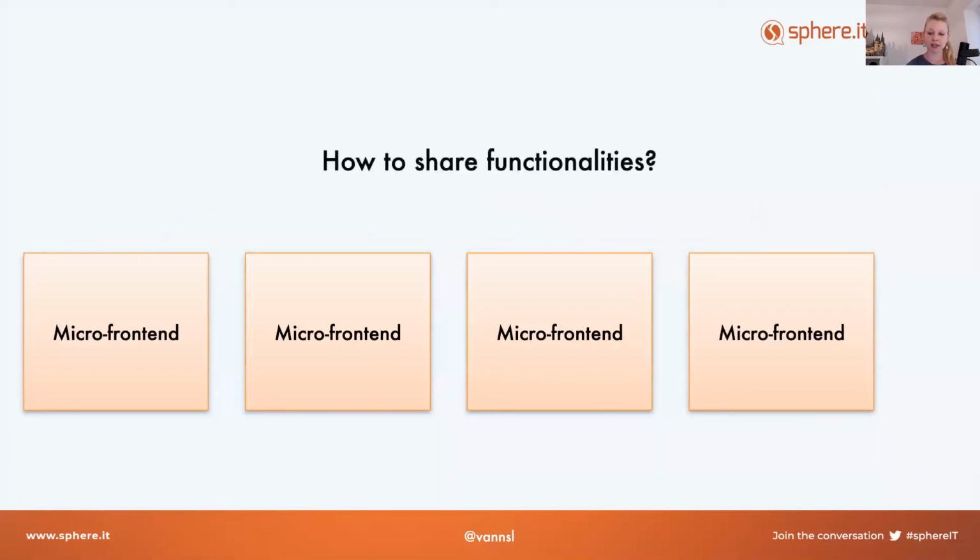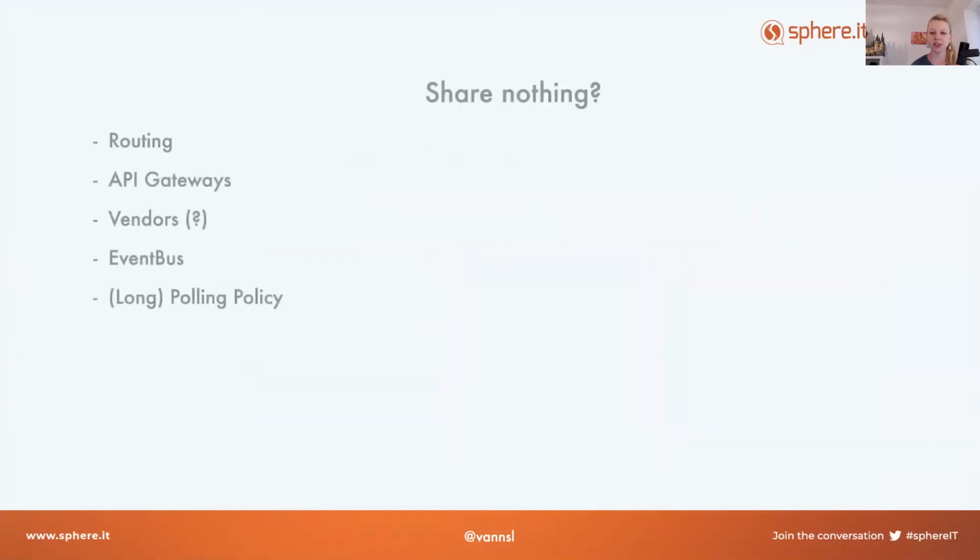The second question is how to share functionalities between those micro frontends. And there, if you Google for it, it gets complicated. One thing I also saw in the past, and that I also saw online, is share nothing. The share nothing principle. Because you wanted to have micro frontends to separate your concerns.